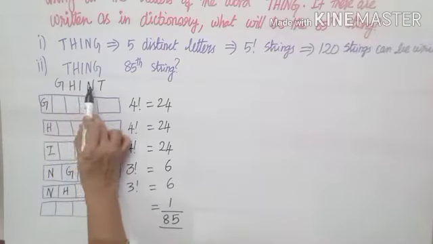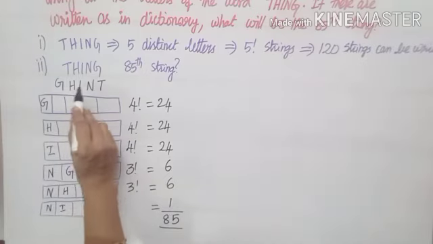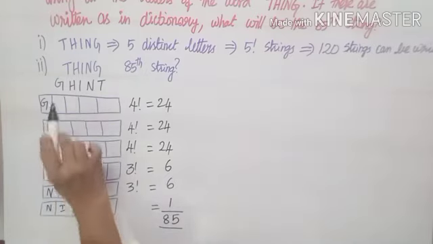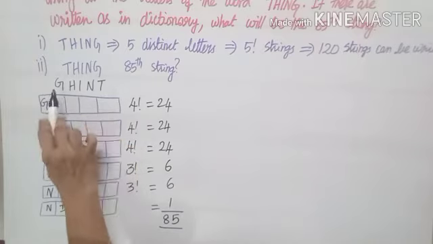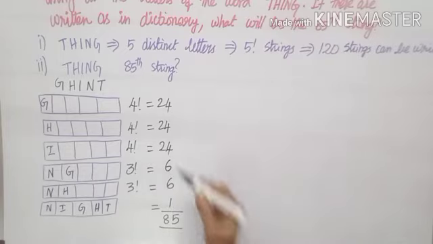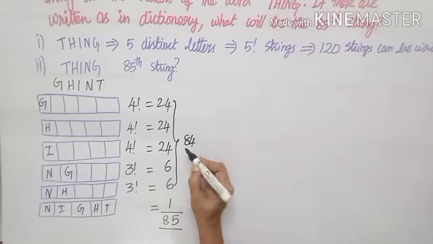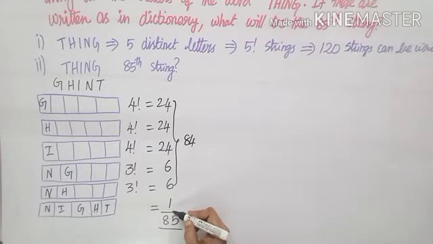NG over, NH over. So my next word is NI. If I complete N and I, the remaining letters, if I write them in order, G-H-T. Because I can write only one more word. This itself gives me 84. Maximum I can write one word. So the remaining, write it in order.